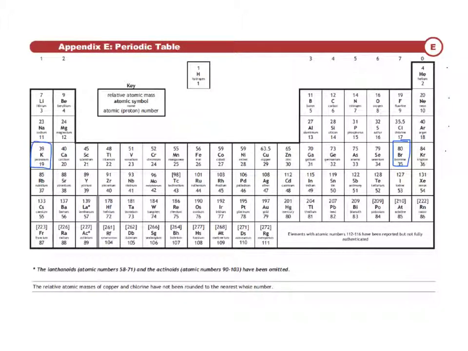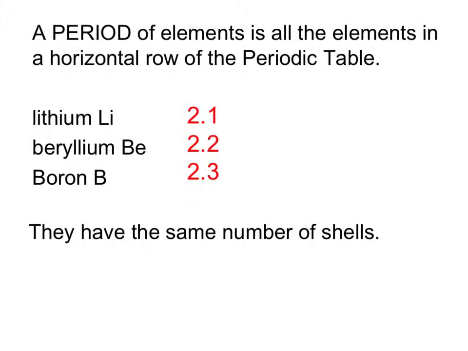They're in the same horizontal row of the periodic table. That's the same period. So a period of elements is all the elements in a horizontal row, and here's the start of the second period, which has 2 occupied shells: lithium, beryllium and boron, all in the same horizontal row because they all have 2 shells of electrons.